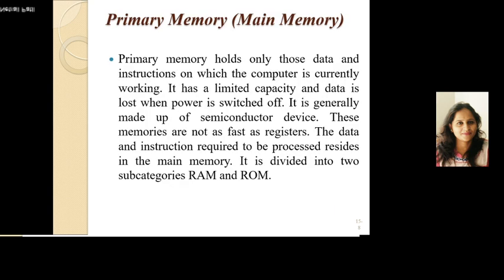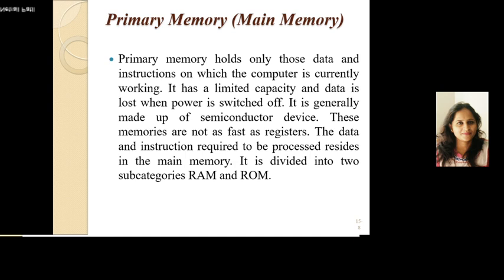First of all, what is primary memory? Primary memory holds only those data and instructions on which the computer is currently working. It has a limited capacity and data is lost when power is switched off. It is generally made up of semiconductor devices.